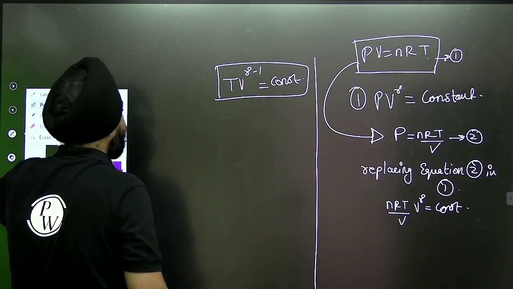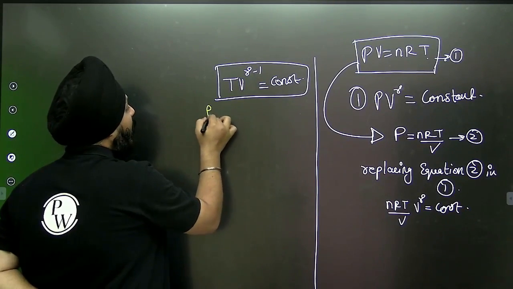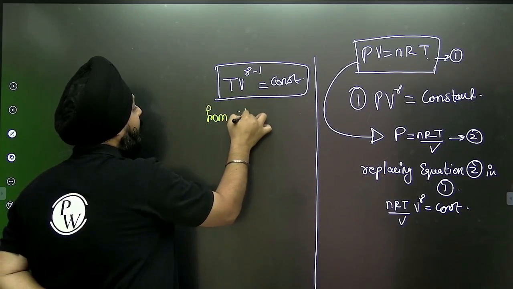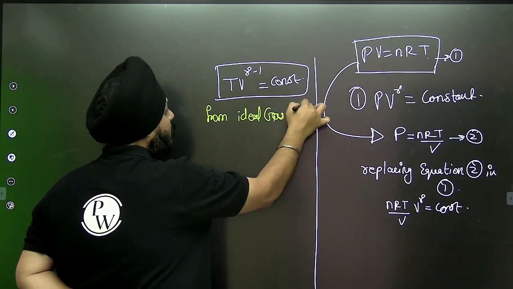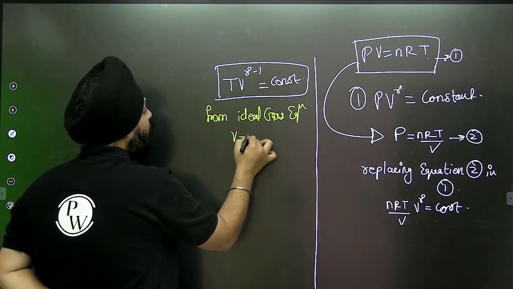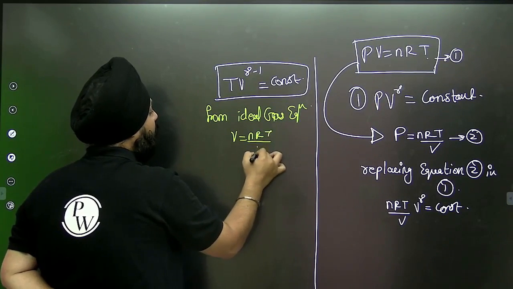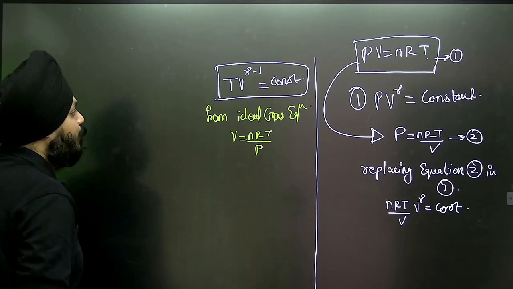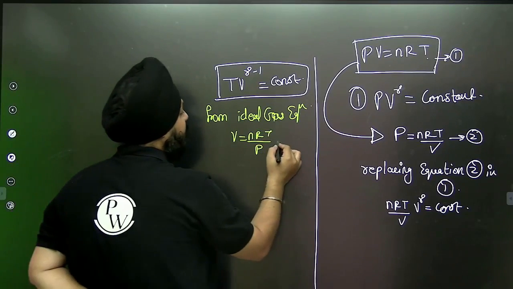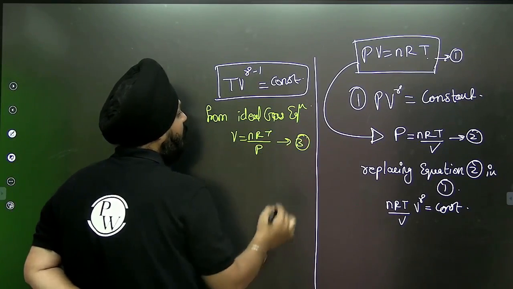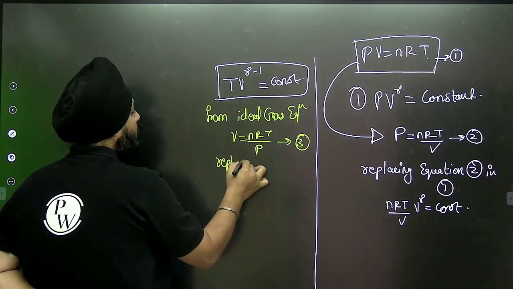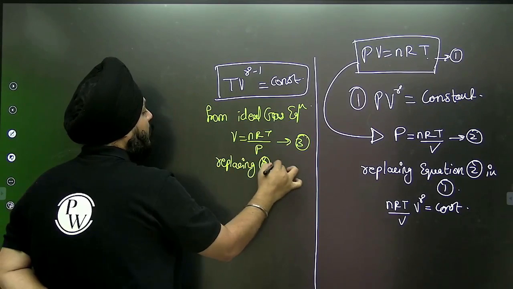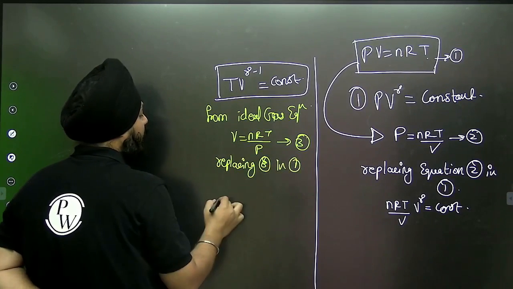Now suppose, from the equation of an ideal gas, can I replace V equal to nRT by P? Consider this equation number 3. Replacing 3 in 1, what will we get?